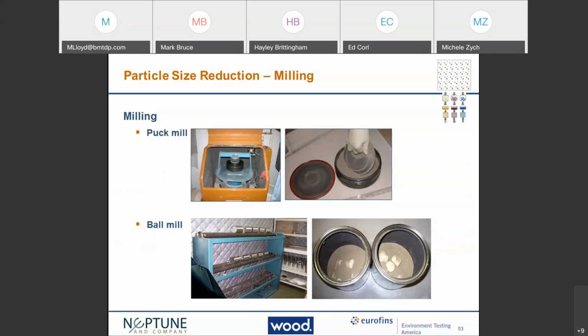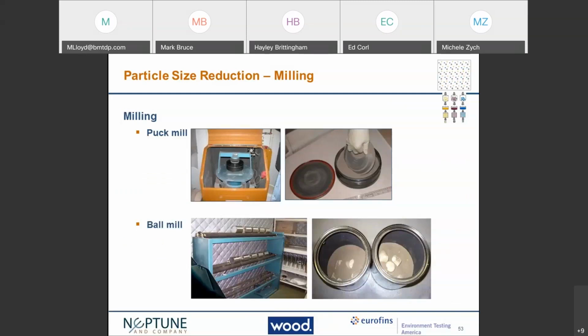The next option is particle size reduction via milling. And the two most common milling options are the puck mill and the ball mill. In this case, regardless of which option, the goal is complete particle size reduction. So we're going to turn everything into a flour-like particle.